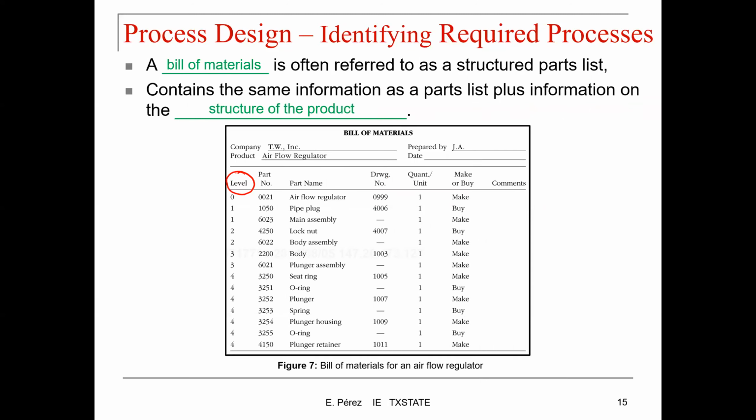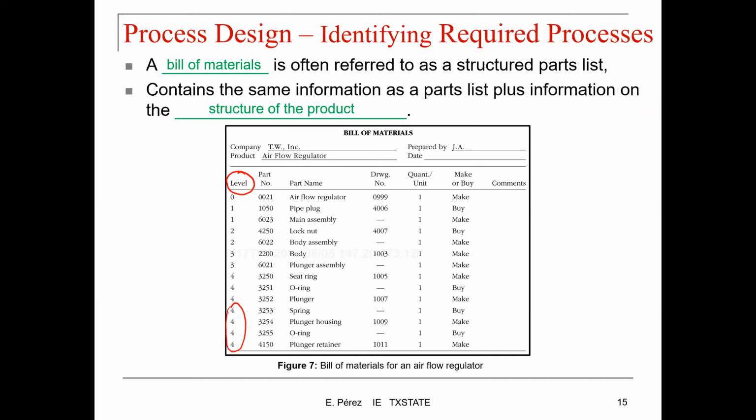Level 0 means that that's the final assembly. And then as you move down in terms of the number, so level 4, for instance, these are smaller components, and you put them together and you move to level 3, put them together, you move to level 2, put them together, you move to level 1 until you get to the final product. So that's the major difference.